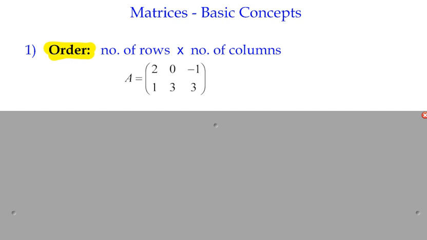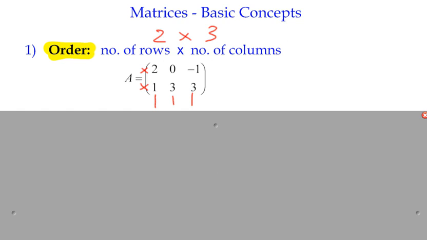So in this case there's one row, there's two rows, and there are three columns, 1, 2, 3. So we would call this a 2 by 3 matrix. And that's a really important thing later on, as we'll find out. A 2 by 3 matrix has two rows and three columns.